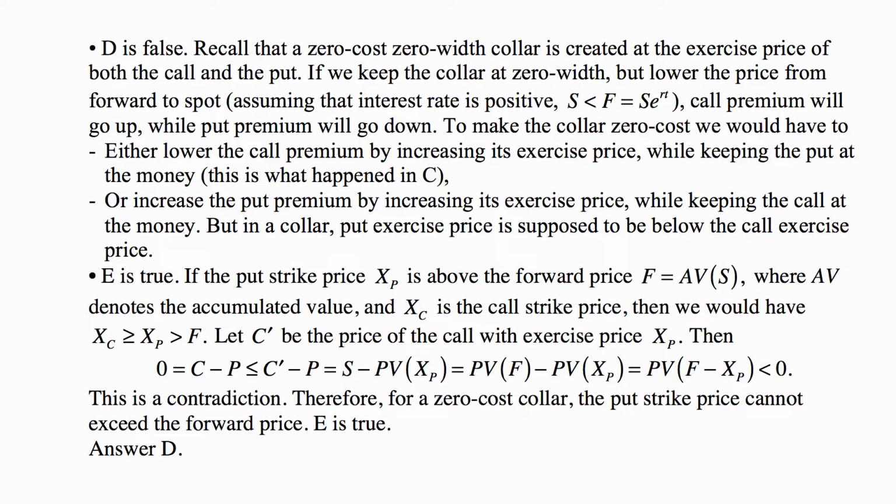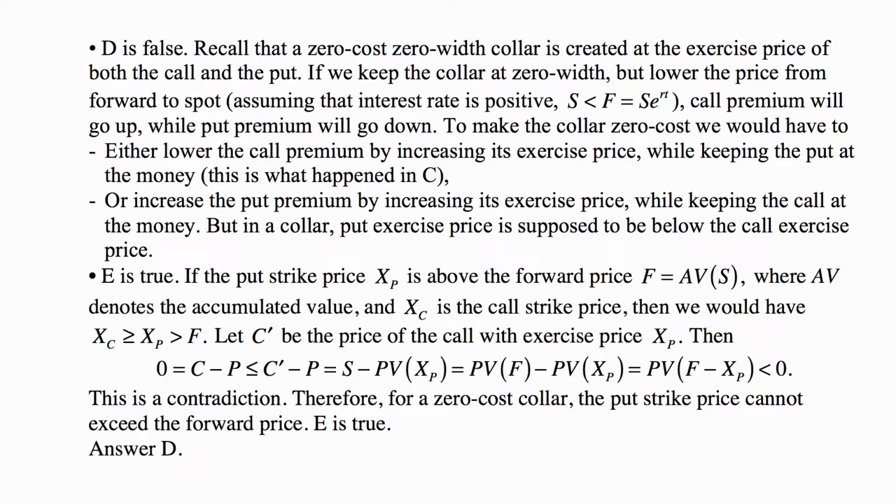So recall that a zero-cost, zero-width collar is created at the exercise price of both the call and the put. If we keep the collar at zero width, but lower the price from the forward price to the spot price, for example, because the forward price is the spot price accumulated at the risk-free rate, so assuming that the interest rate is positive, the call premium will go up while the put premium will go down.